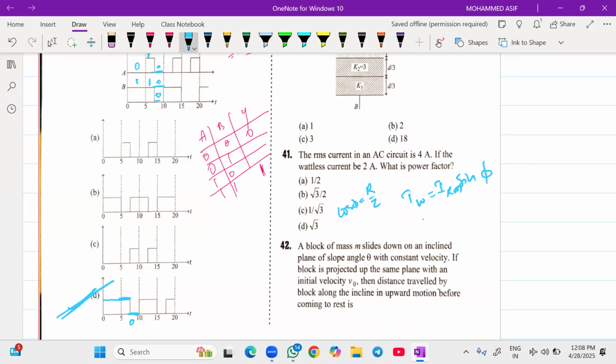Wattless current is 2, RMS current is 4, so 4 into sine phi. From this I get sine phi equal to 1 by 2. That means phi is 30 degrees. So cos 30 degrees is root 3 by 2. So power factor is R by Z, which is equal to root 3 by 2. This is a direct formula question.